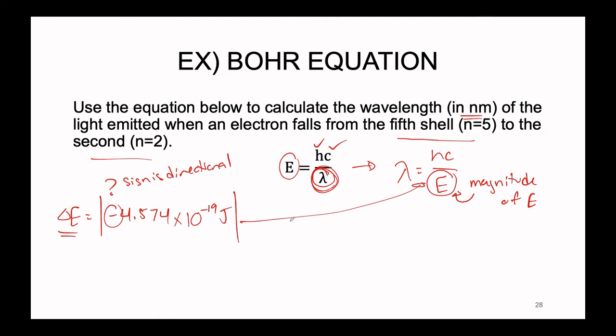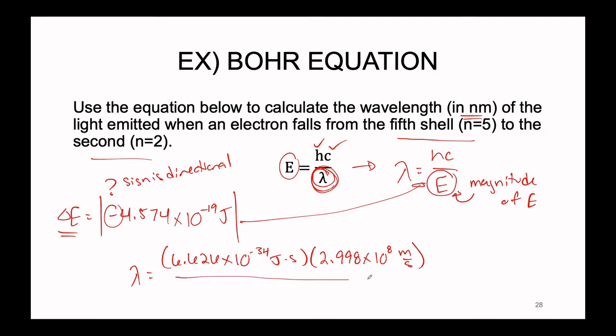We can drop it. All right, so our wavelength is going to be equal to Planck's constant, 6.626 times 10 to the negative 34 joule seconds. And we're going to multiply this by the speed of light, 2.998 times 10 to the 8 meters per second.